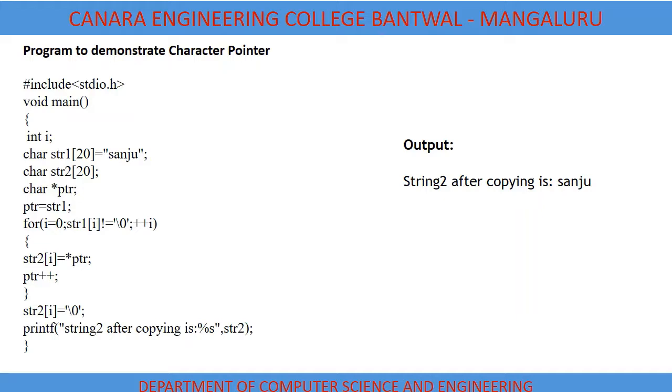You can see the output, how it is going to print. The content of string 1 is copied to string 2, and it displays the content of string 2 as Sanju, that is the content of string 1. So this way we can use a pointer to a character array also, or even a character data type also.